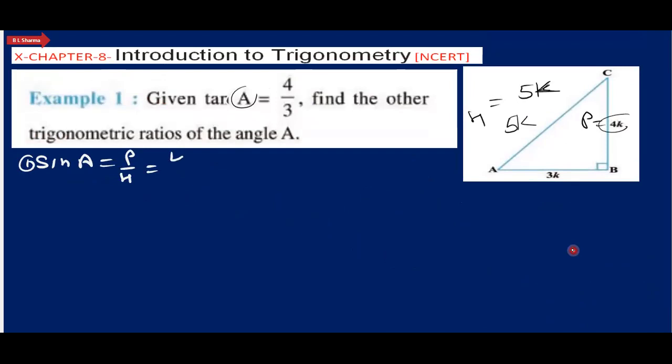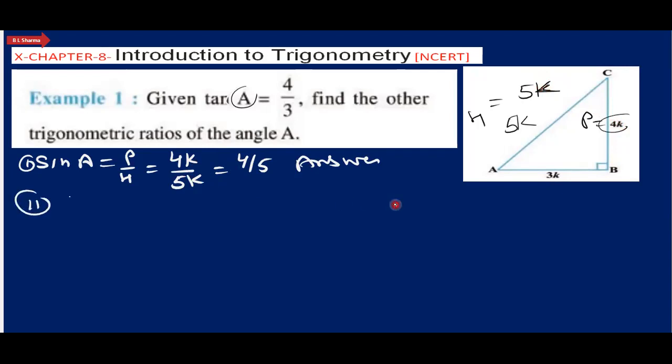Here perpendicular is 4k and hypotenuse is 5k, k and k cancel, so the answer is 4 upon 5.